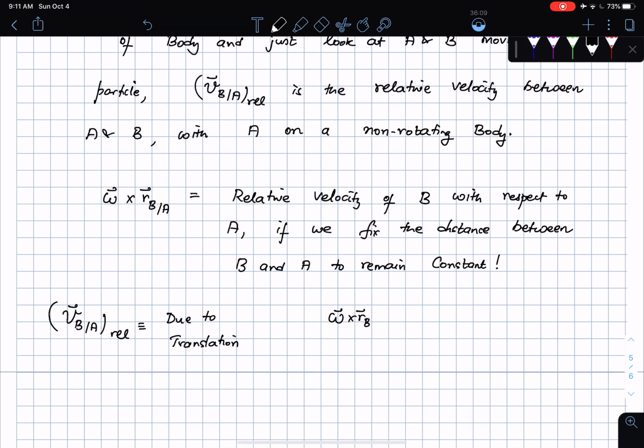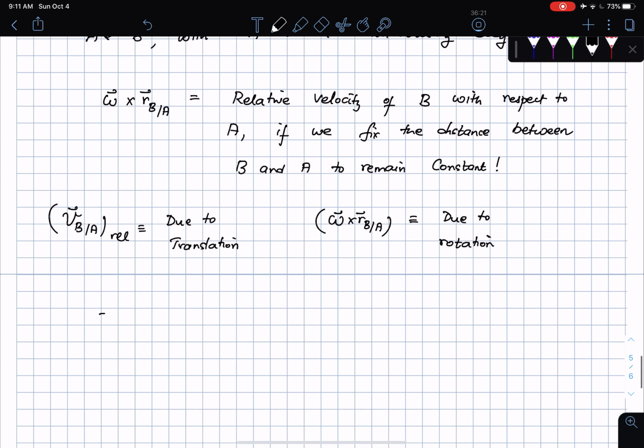Omega cross R_B/A is due to rotation, and so the combination of these is the total relative velocity between B and A, and so we can say that V_B/A is V_B/A relative plus omega cross R_B/A. Okay, so this is a very nice thing that we have here.